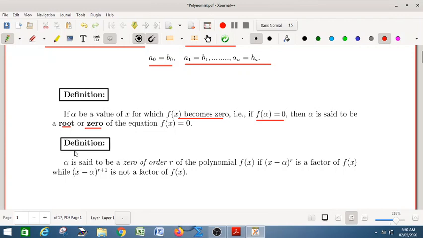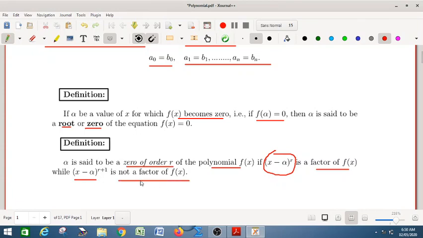Let us define another term, zero of order r. Alpha is said to be a zero of order r if (x minus alpha) to the power r is a factor of f(x), and (x minus alpha) to the power r plus 1 is not a factor of f(x).